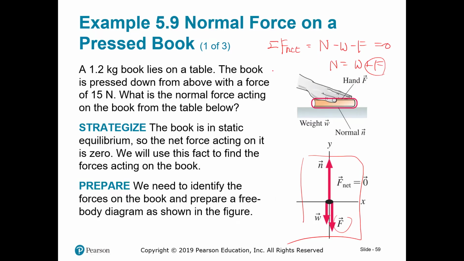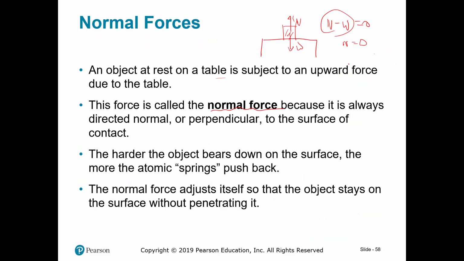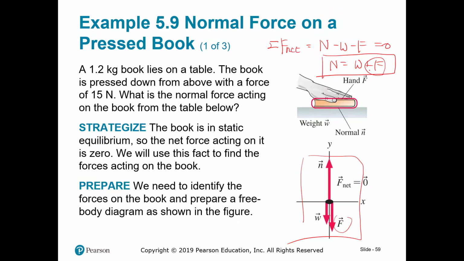One common mistake I see every semester is that students assume that normal force is the same as weight, like in the previous example, but that's not true. It really depends on what's going on there, right? In this case, you see normal force is weight plus the downward force. So never assume normal force is always the same as weight, okay?